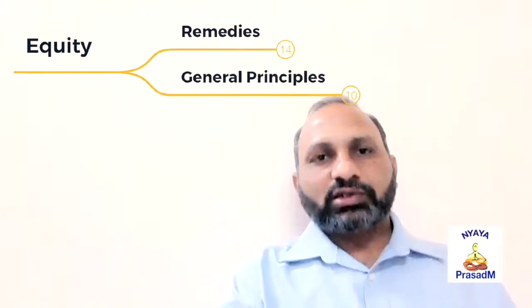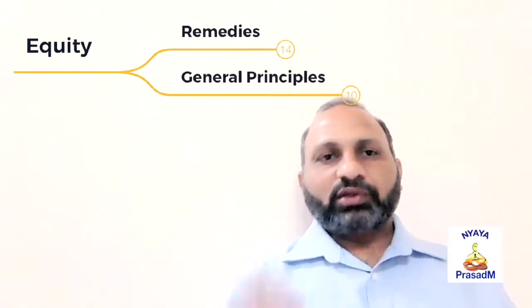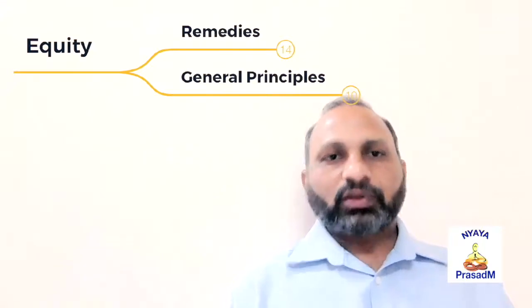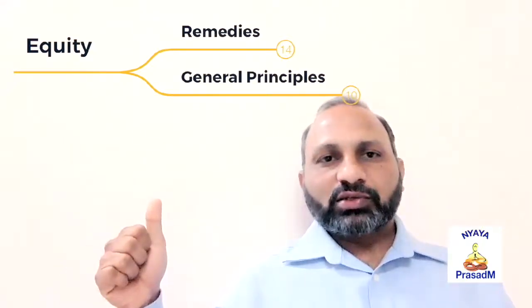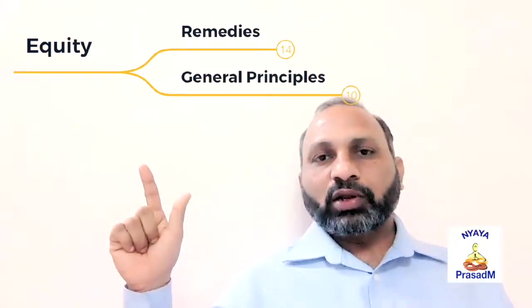Now, let's see how we address such situations. The situations are handled with two things. One is the equity remedies. The second is general principles. Let's see what the equity remedies are.